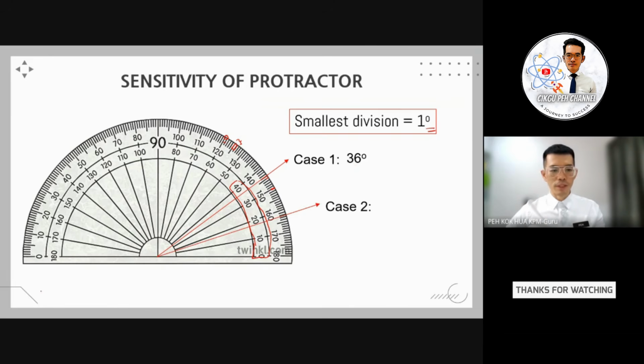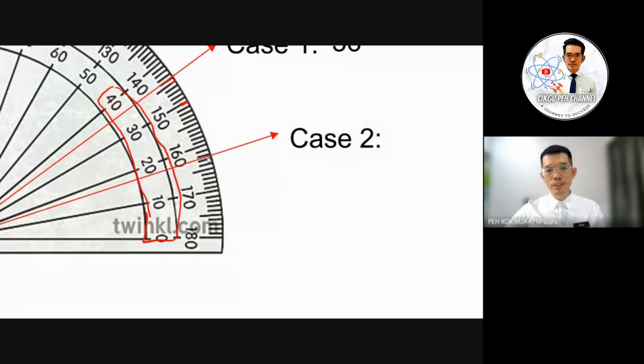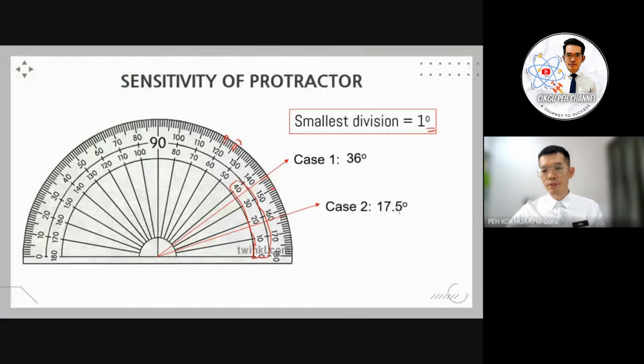Next will be case 2. From here you can see the reading is between the smallest divisions. So what is the reading we need to get? It is less than 20, between 17 and 18. From here, you are allowed to give 1 decimal place, which is 17.5.